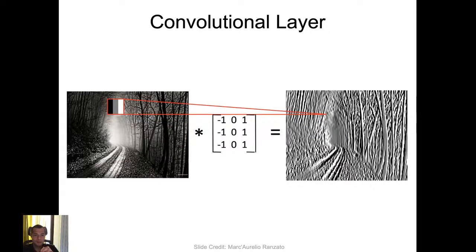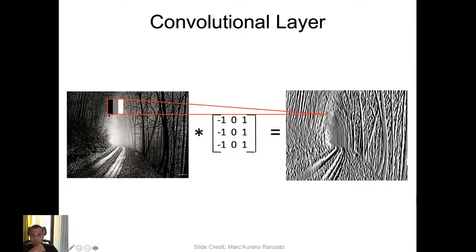So I think we can see this in this very simple example where we have a filter that activates on vertical gradients. This is a standard filter that can be applied, for example, on the image.